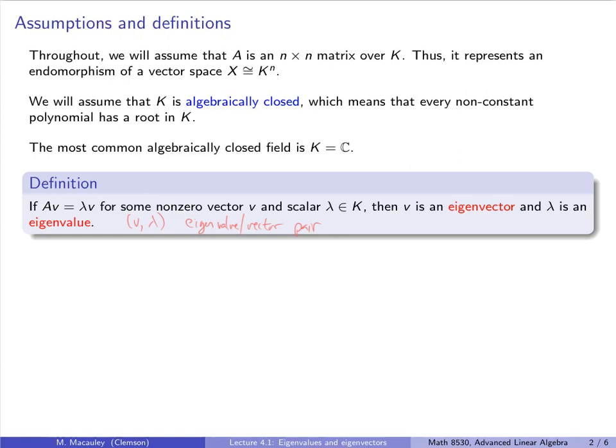Let's note some basic results that you likely already know: if Av equals lambda v, then A times cv equals c lambda v. So if we have an eigenvector v, the entire line spanned by v is an eigenvector.